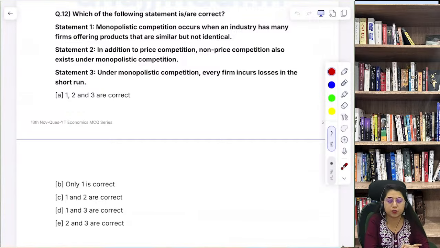In addition to price competition, non-price competition also exists under monopolistic competition. Under monopolistic competition, every firm incurs losses in the short run. What do you think is the right answer here? Question number 12, everyone.